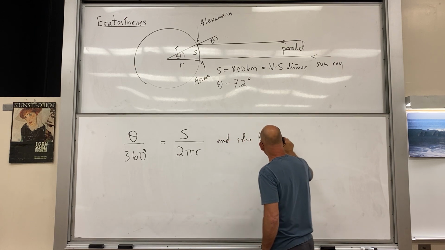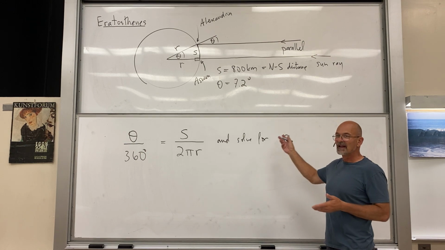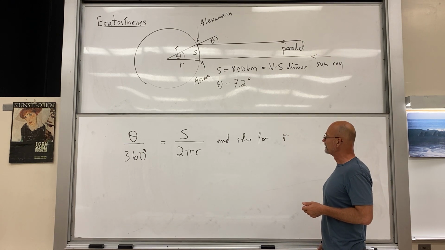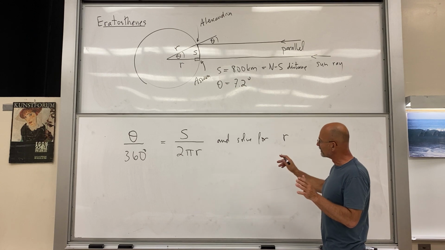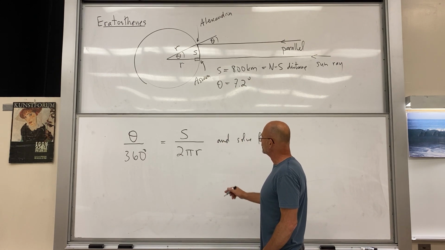solve for r. And of course, that's a typical algebraic exercise that you want to do a lot of, and we'll do infinite amounts of that this semester. So you can do a couple of ways.